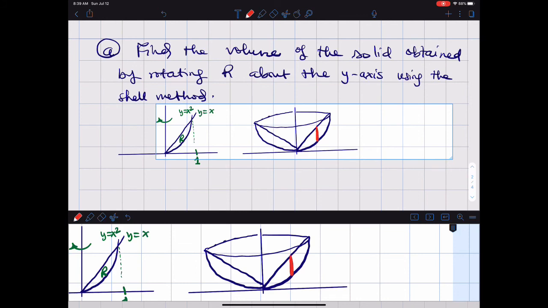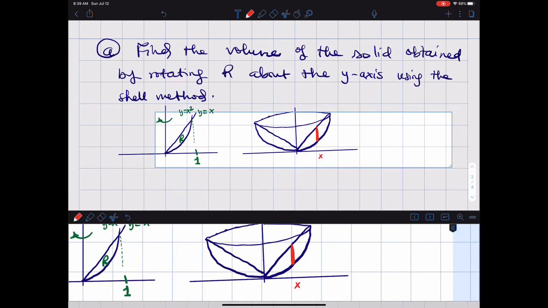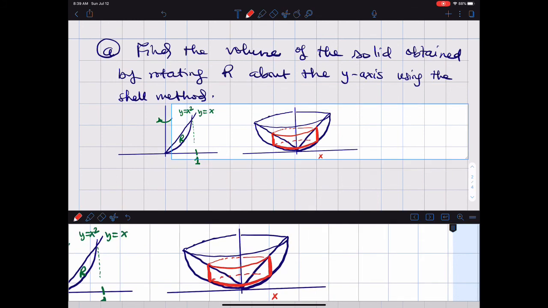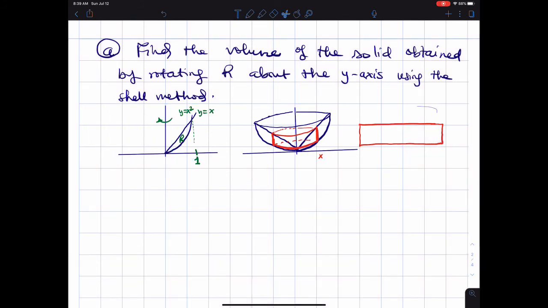I'll get my shell at a point x. This is the height of my shell, the cylindrical shell, and that is the circumference of the shell. Open up this cylindrical shell, cut it off, bring it here.